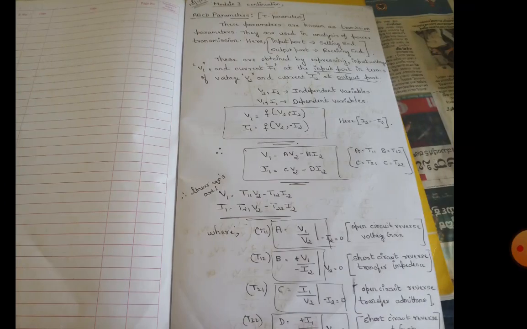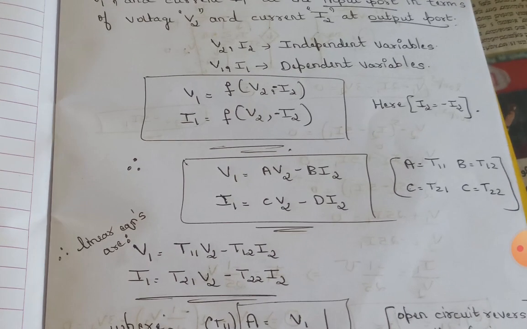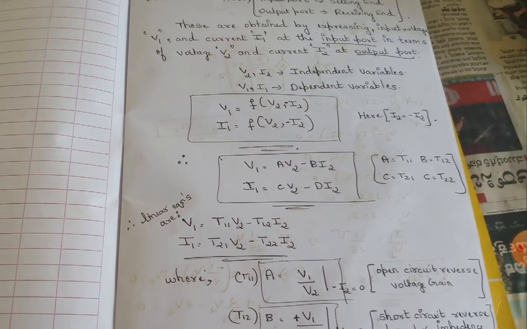The last kind of parameters are the ABCD parameters, or T parameters, transmission parameters. Here we have the standard equations for V1 and I1, given as V1 equal to AV2 minus BI2. The sign here is minus; always with the T parameters the sign in the equation is minus, so you need to remember that.